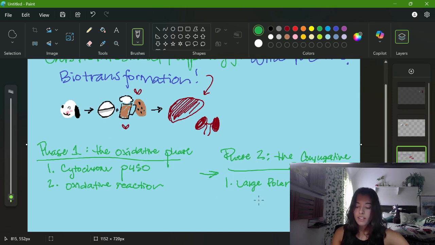And we want to add large polar molecules because it makes that byproduct more water soluble. Since we know that polar things are hydrophilic, and one of the fundamental principles of water is that like dissolves like, and we need it to be water soluble so that it can be then excreted by the kidneys.